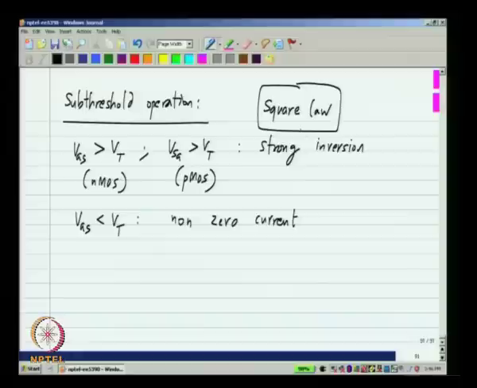The current will be small, the current will be smaller than in strong inversion, but it will not be exactly 0, and it turns out that the current follows an exponential relationship.